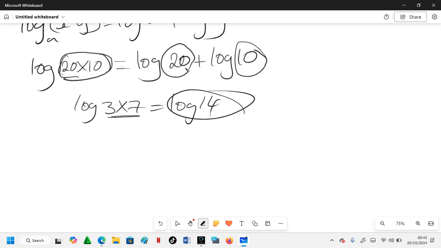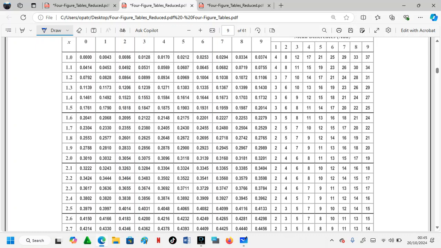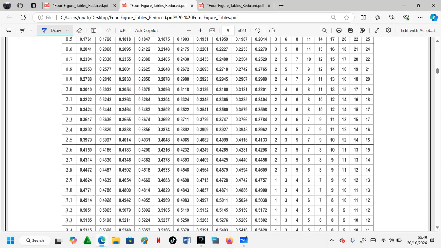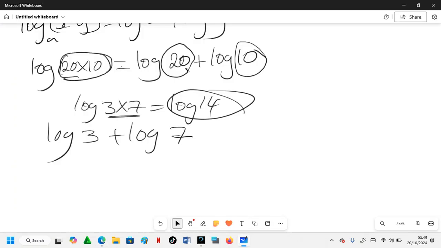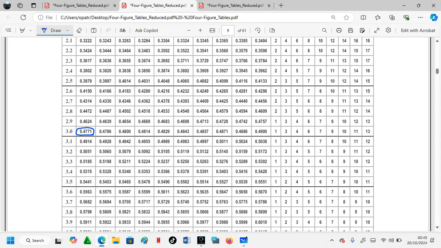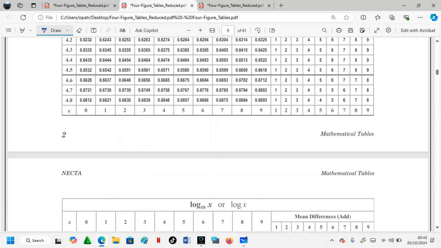But if you simplify this and say it is the log of 3 plus the log of 7, the log of 3 is easily found in the mathematical tables: 0.4771.